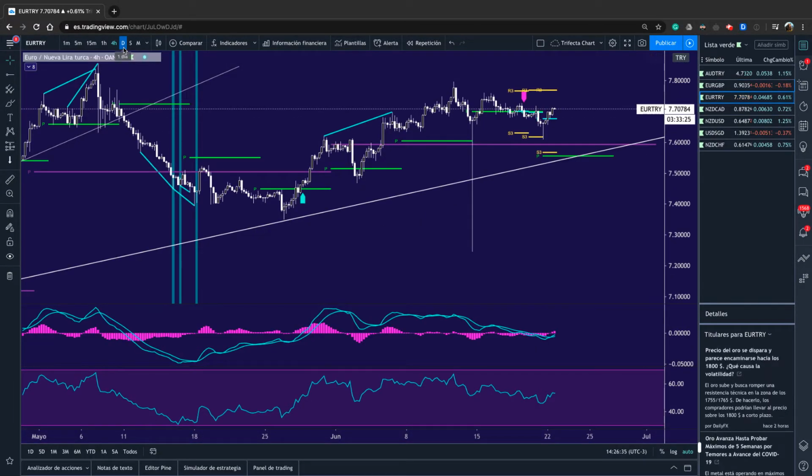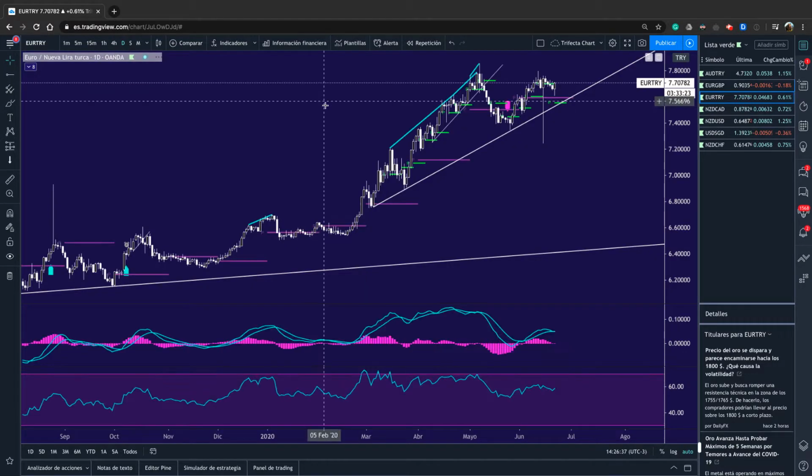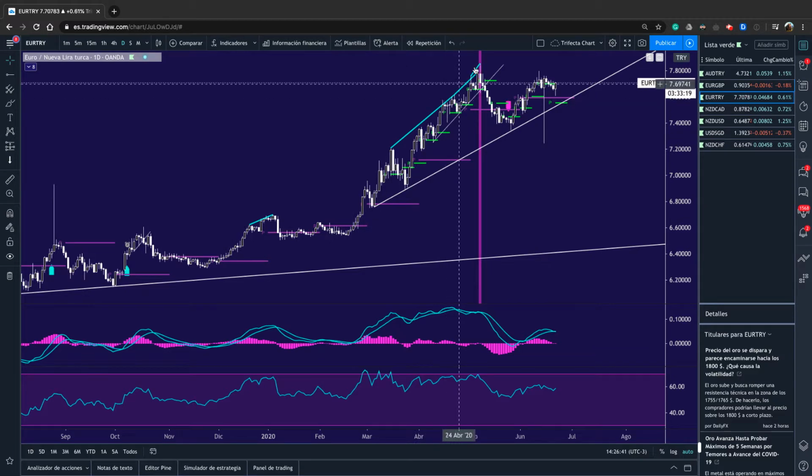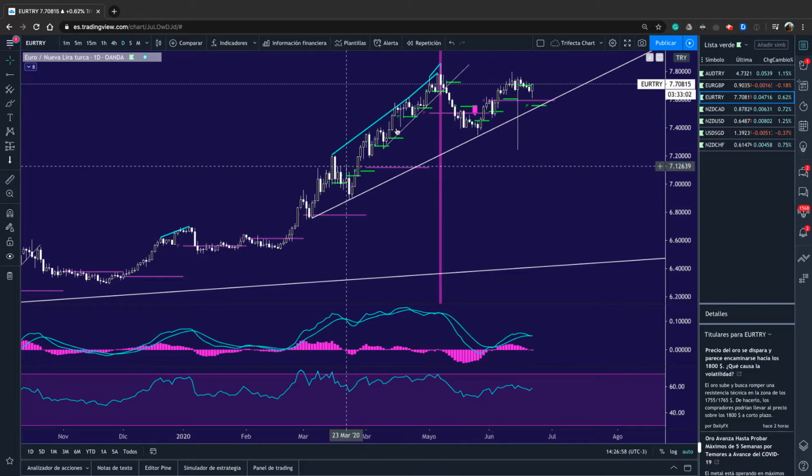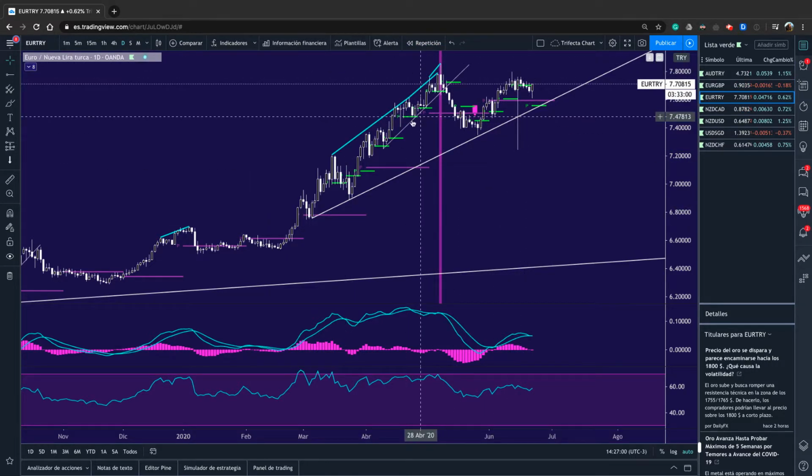In this euro against the Turkish lira, we have a nice setup also in the past with everything that we want to see, and we get to this trend line that we previously drew here, and right now we are with MACD divergent and RSI divergent in this 1 2 3 kind of pattern.